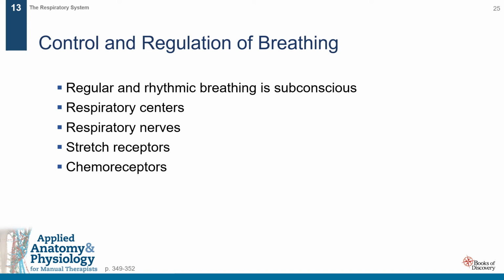These are pulmonary stretch receptors located throughout the lungs, mostly in the walls of the bronchioles and alveoli. When the lungs are full and stretched, these specialized mechanoreceptors send signals to inhibit the inspiration areas of the brainstem, allowing exhalation to occur.